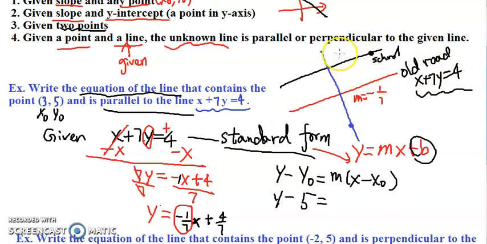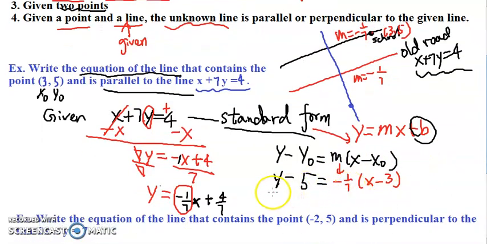Because they are parallel, the new road we're going to construct must have the same slope. So we're going to use the same slope, negative 1/7, times x minus x0, which is 3. So 3, 5 is like the location of a certain school that we must construct a road through. Okay, so this is the point-slope form then.